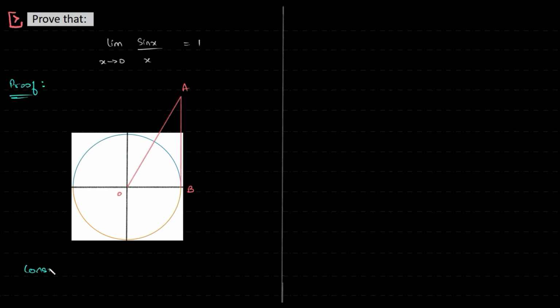Consider a unit circle. Then we'll consider a point A outside the circle.